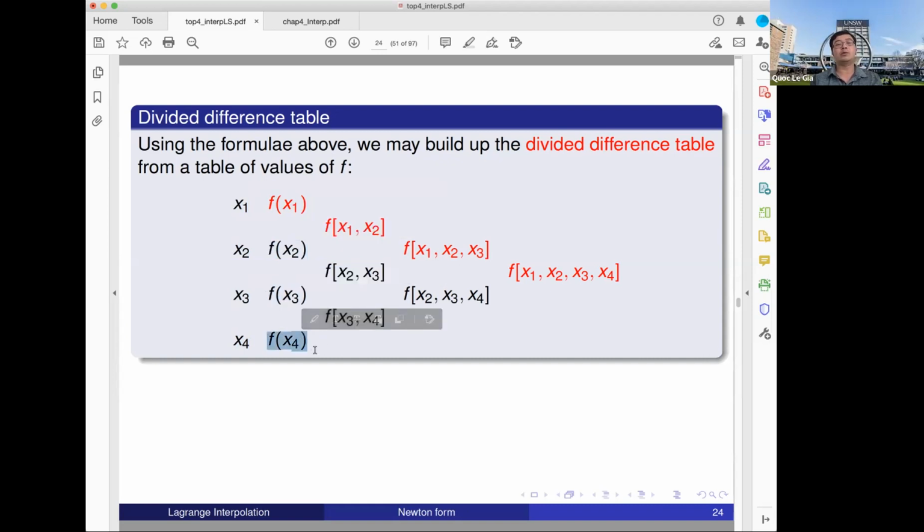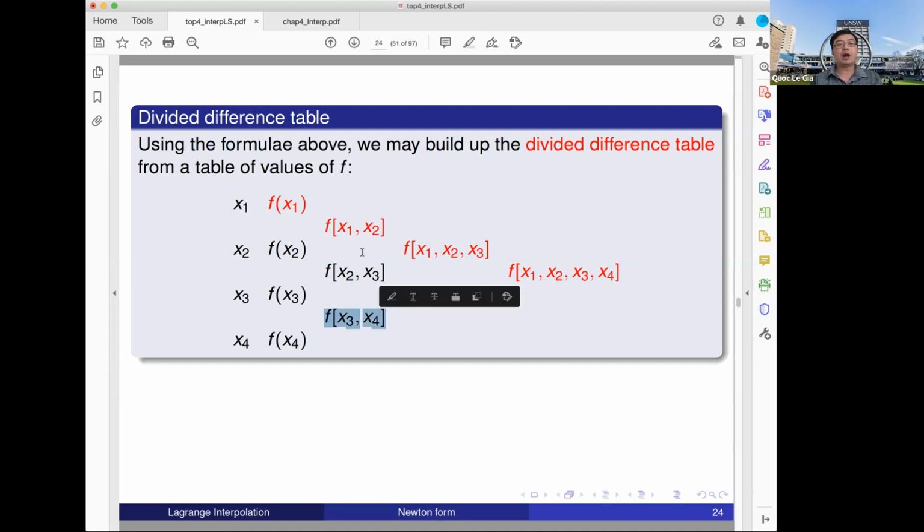We assume that we know those values. Then you can compute the divided difference f[x1, x2]. So remember, you just take this number minus this number over x2 minus x1. And so on. So you have the divided difference over x2, x3, and x3, x4.